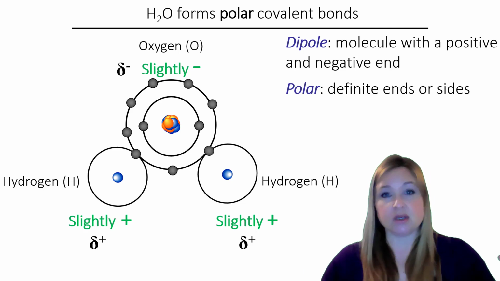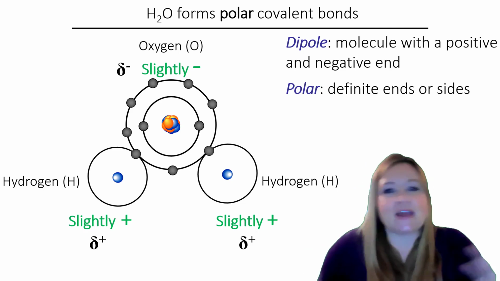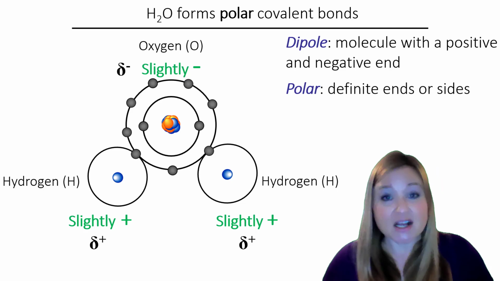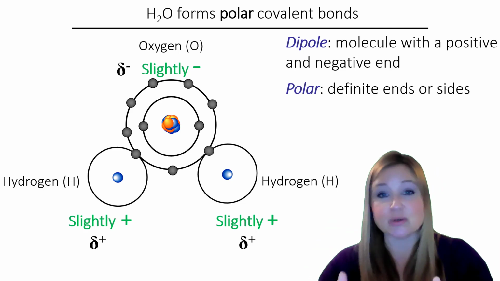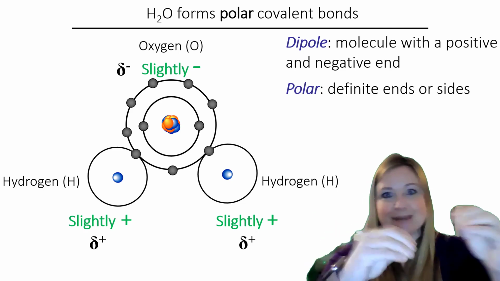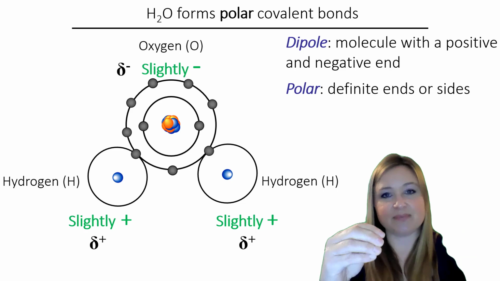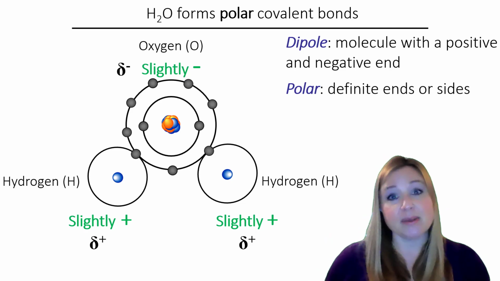Some molecules, when they come together and form these covalent bonds, are non-polar. That means there's no positive end and no negative end. So if two oxygen atoms come together to form O2, what we breathe, they're the same size kid. So they're going to equally share that electron. Same thing with carbon and oxygen.